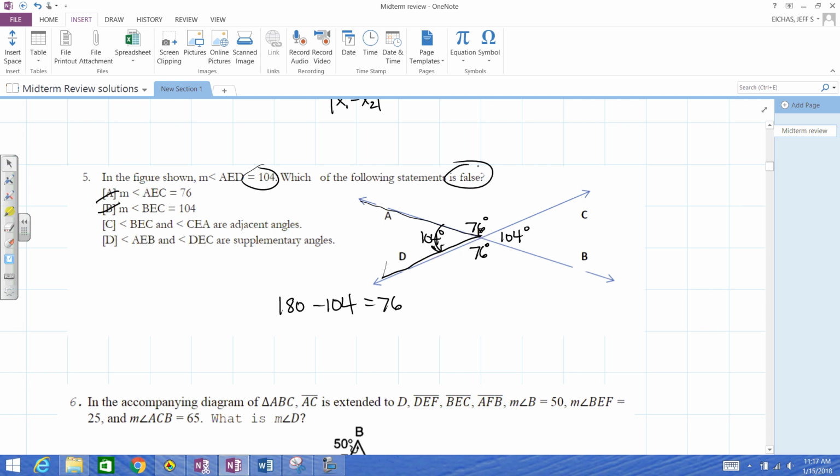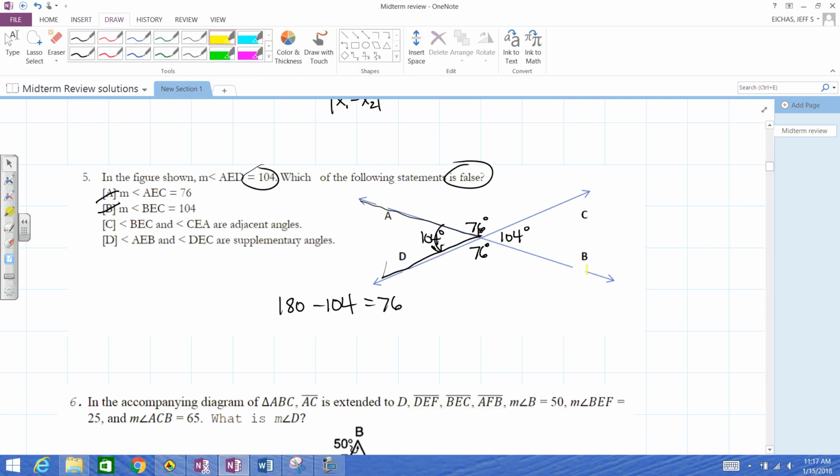BEC. Let's follow the path there: B to E to C, so this angle here, and C to E to A. Those are adjacent angles is the claim, and that is true. We want the false one. AEB, I'm looking at AEB. Wait a minute.